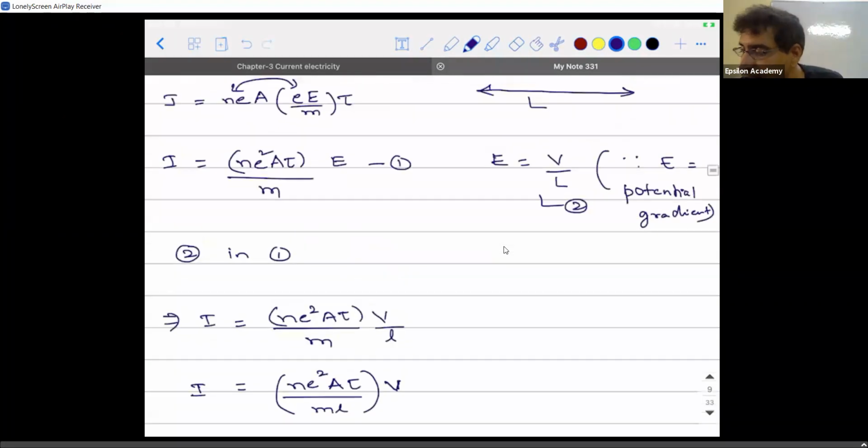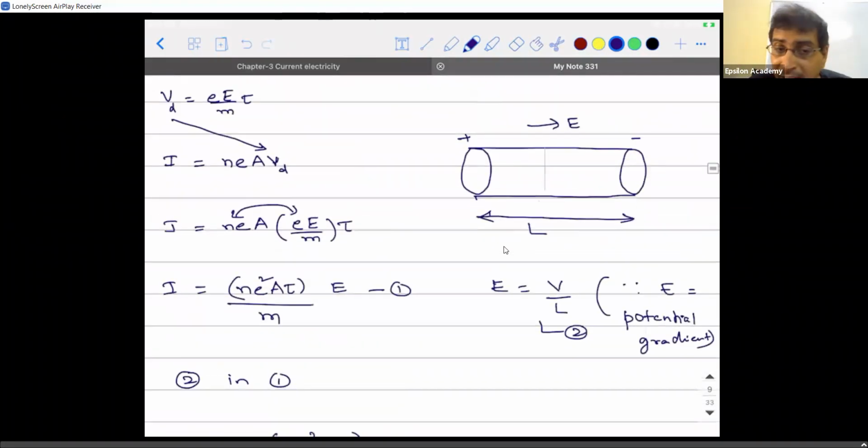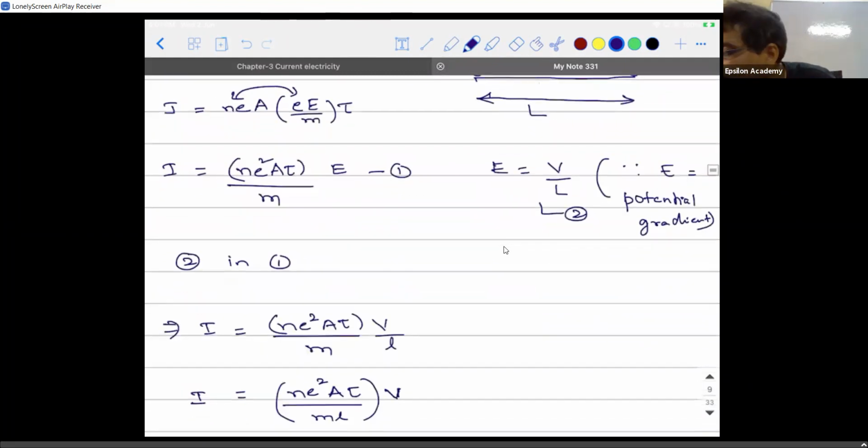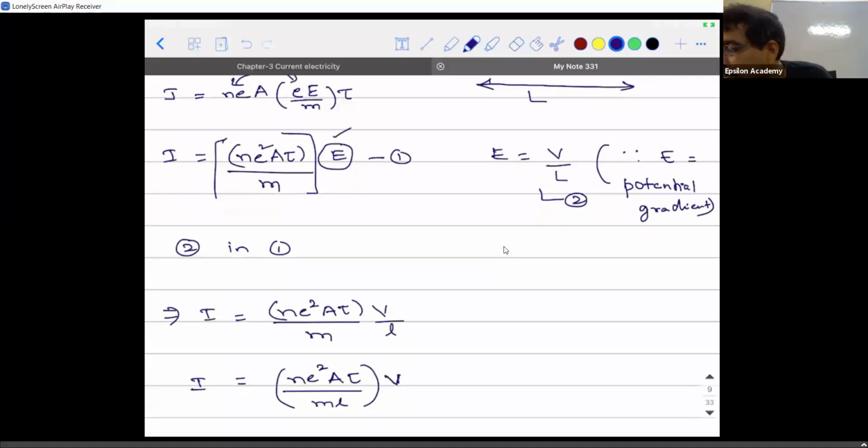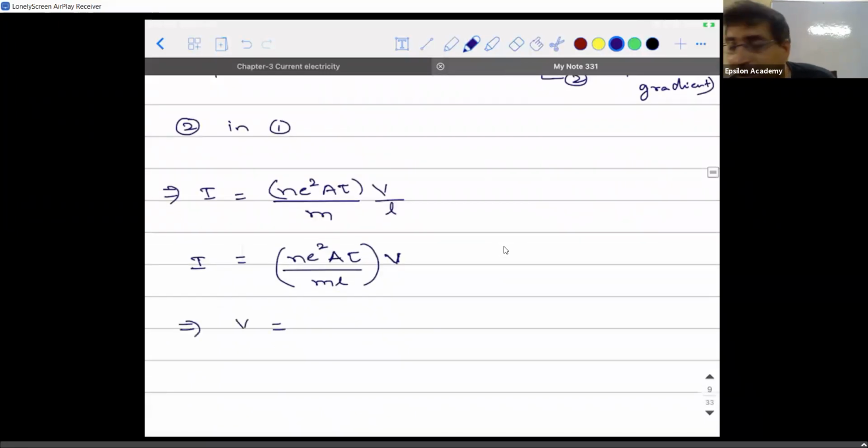I started with the mathematical definition of drift velocity, the mathematical equation of current, and I applied the drift velocity in the place of Vd in the equation of current, manipulated it, wrote all the values multiplied with E, and in the place of E I wrote V by L. Now if I rearrange this equation, V will be equal to m into L divided by n e square A tau, the whole multiplied with I. Accepted, guys?